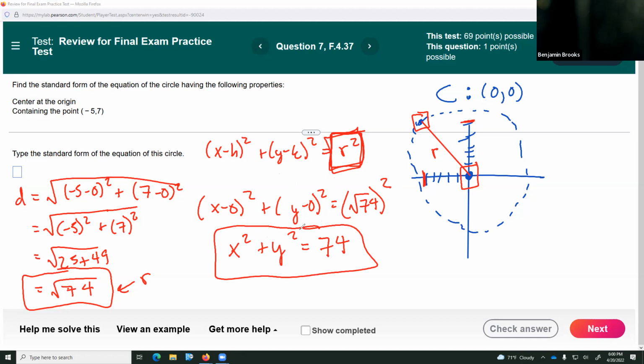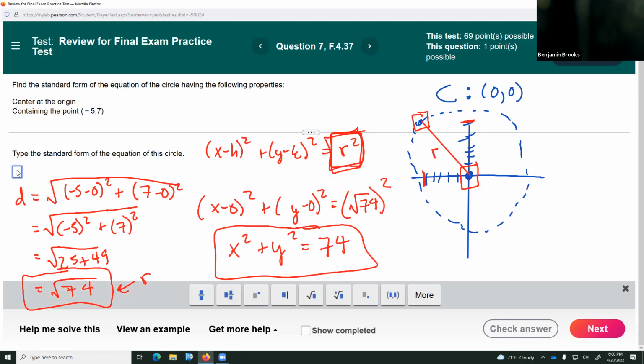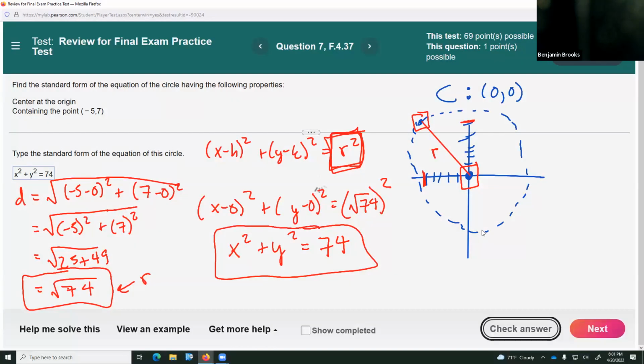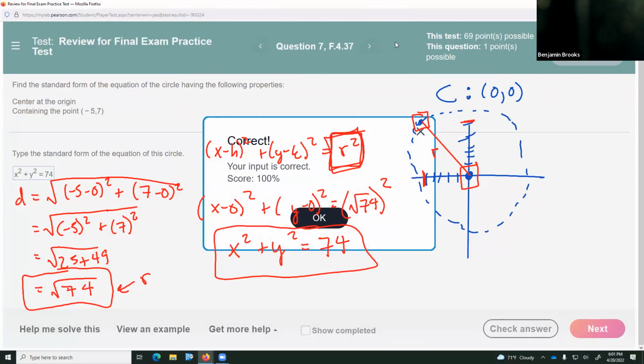So the square root of 74, and then I square it, it's canceled out. Let's check and make sure that I'm doing it correctly. x squared plus y squared equals 74.